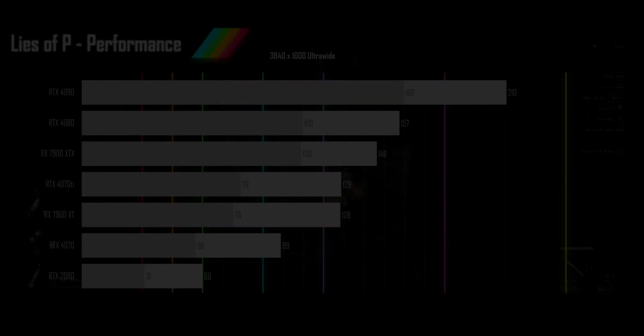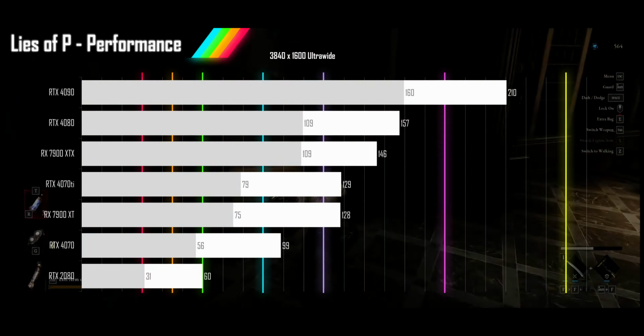Moving up to the 3840 by 1600p resolution, we see the RTX 4090 still way out ahead with 210 FPS, now 34% faster than the RTX 4080, which gets 157 FPS, and is now 8% faster than the 7900 XTX at 146 FPS.